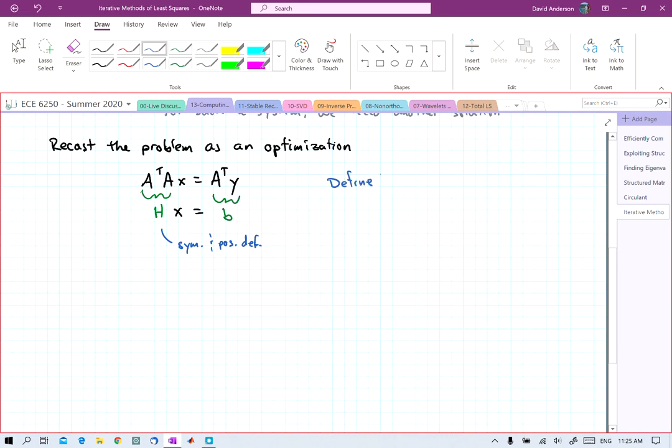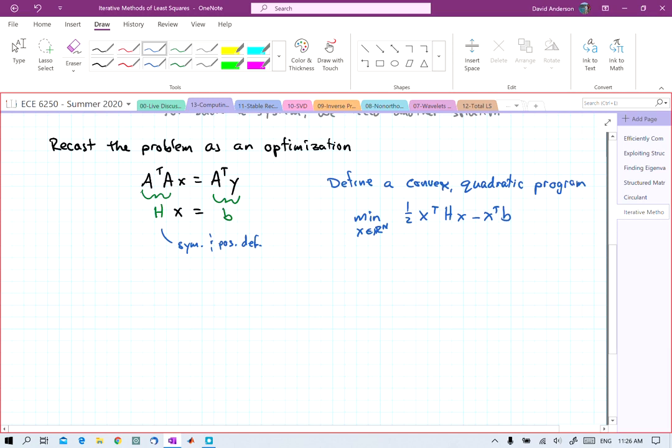So we define a convex quadratic program as minimizing over x in R^n one half x transpose H x minus x transpose b.